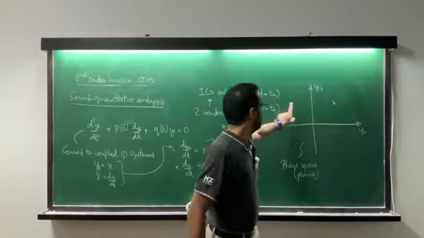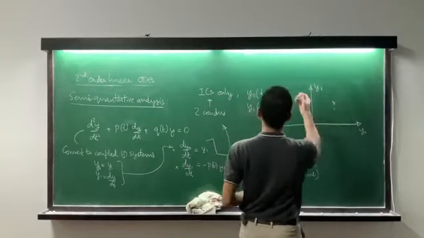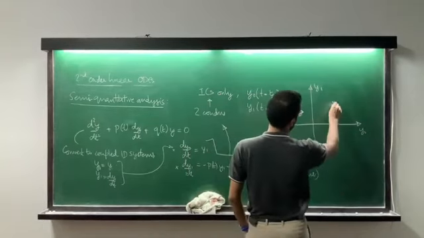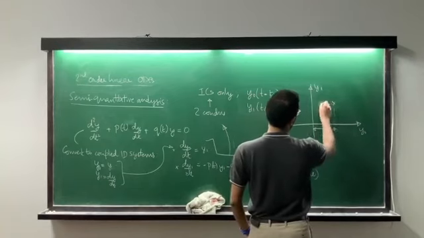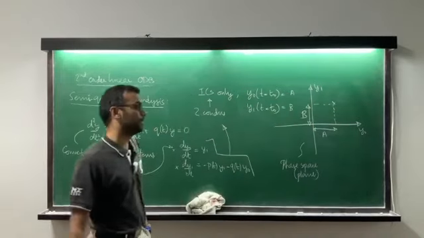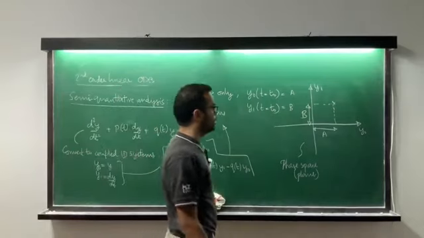So if I say t equals t0, y0 equals, let's say this is capital A, this is capital B. So at t equals t0 we have capital A, capital B. We specify the initial condition and I start here.